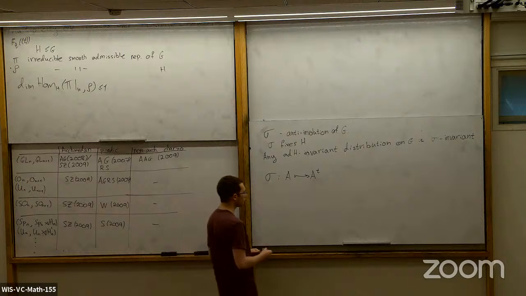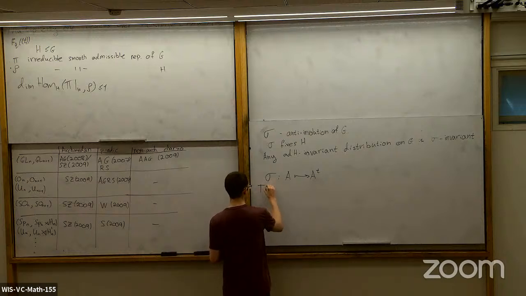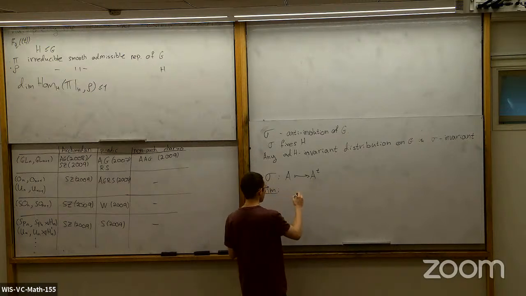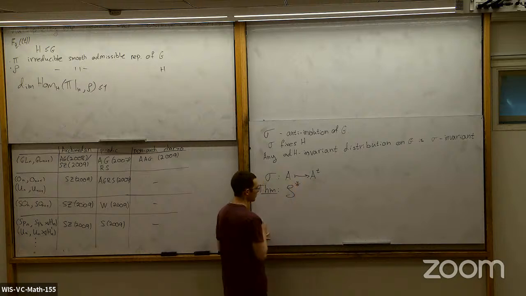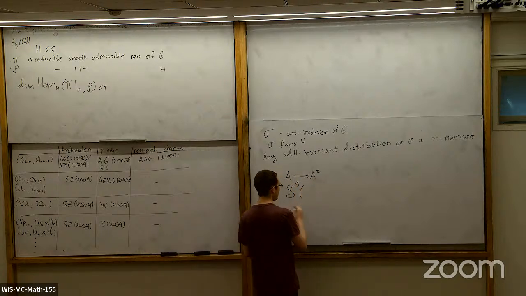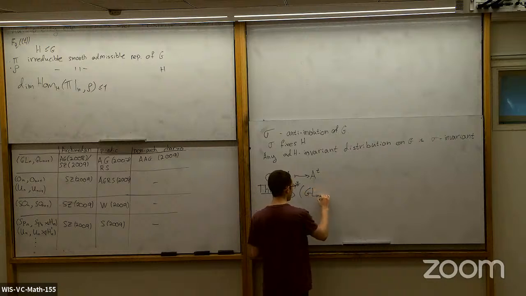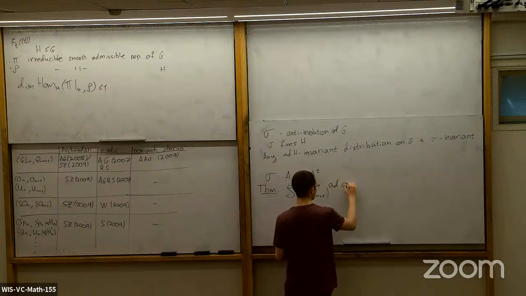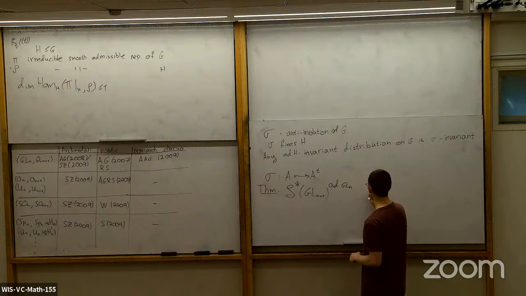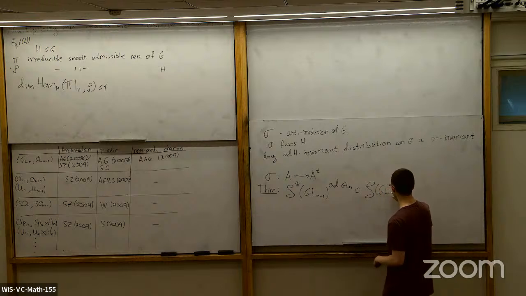Maybe I'll state the theorem. I write this curly S for the space of Schwarz functions, and this is for the space of distributions. So distributions on GLN+1 invariant to Ad GLN are distributions on GLN+1 which are invariant to transpose.